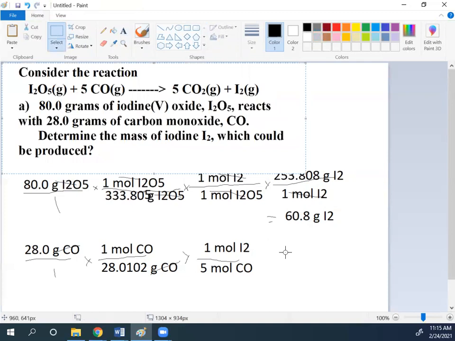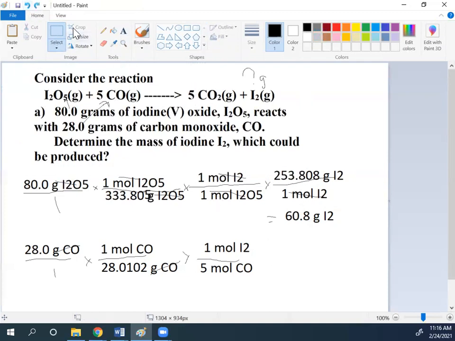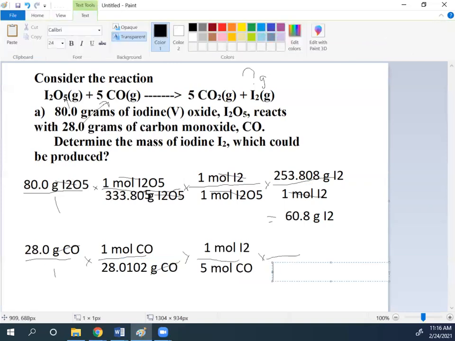So I know my last thing, multiply, I'm going to have 1 mole I2 on the bottom. And then 253.808 grams I2 on the top.